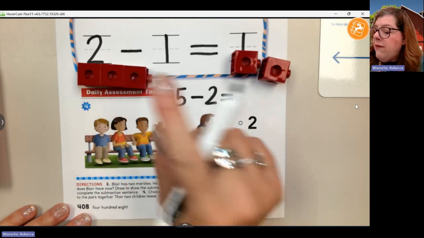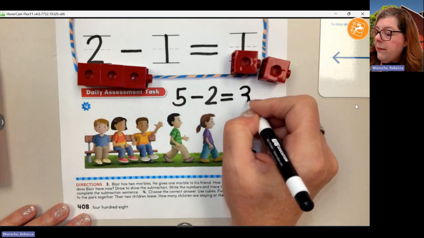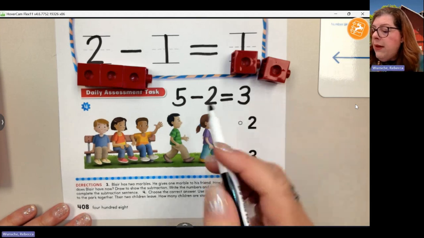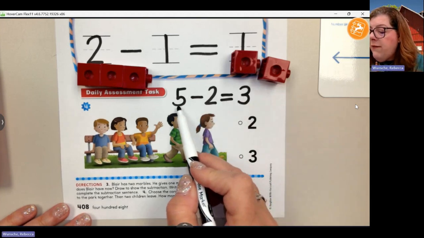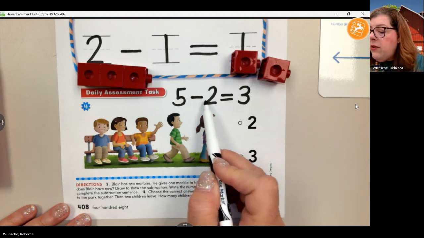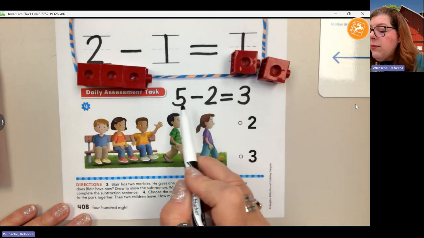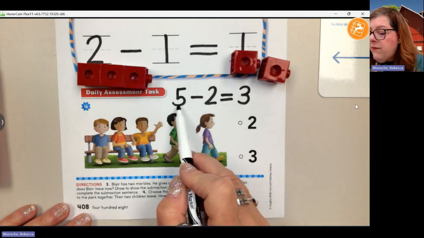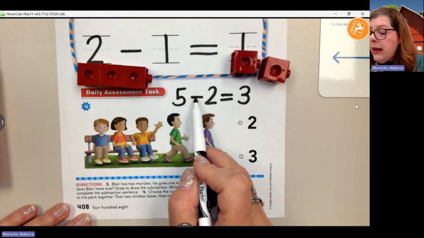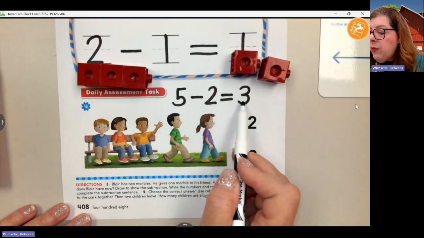How many friends are left at the park? My 3 friends are left at the park. I'm going to read this number sentence as 5 friends were at the park, 2 friends left, 3 friends were still at the park. So my number sentence is going to say 5 minus 2 equals 3.